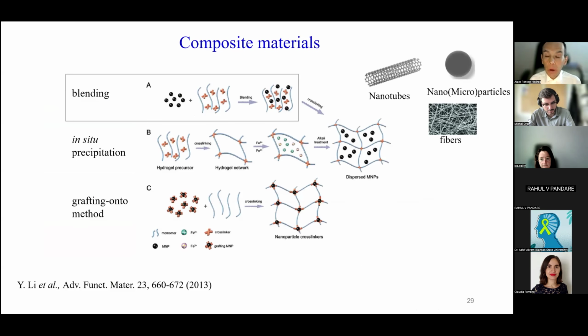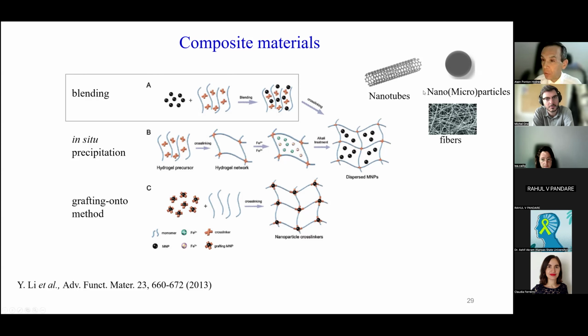So we have seen that we can have simple smart materials for which you can modulate the property just by changing pH, temperature, or light irradiation. And we can also have some more complex materials in which you have a polymer matrix in which you introduce some fillers.